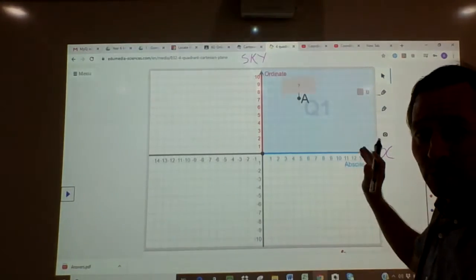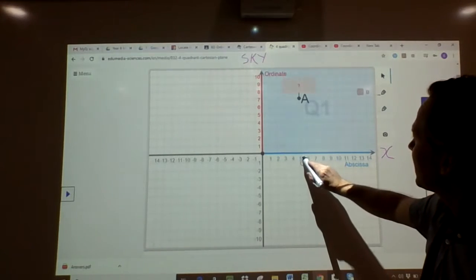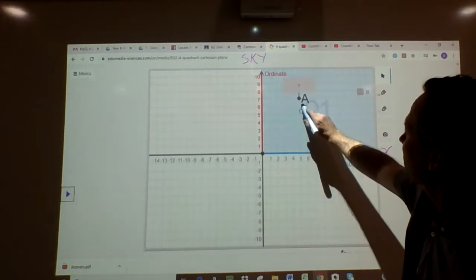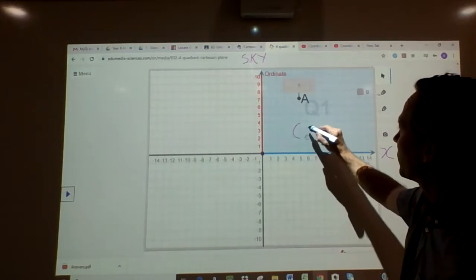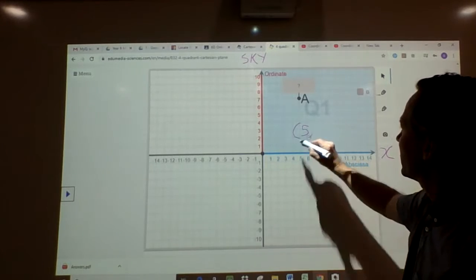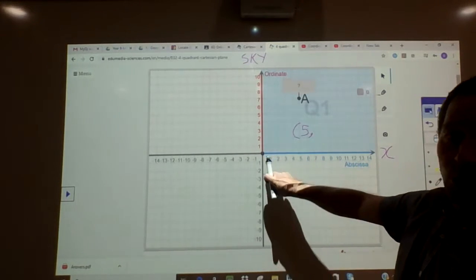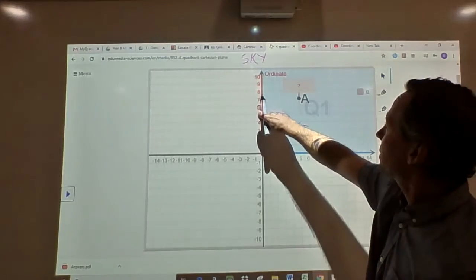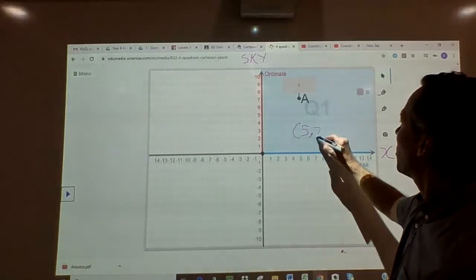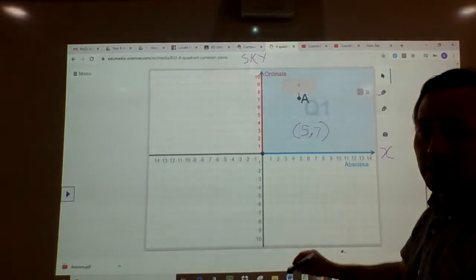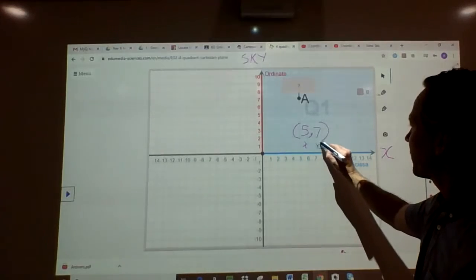X comes before y, so we go along the x-axis here, and I can see that by the looks of this, it's going to come to 5. So I think the first one would be 5, then we'll put a little comma, and then the second one we go up the y-axis, and we line up to about 7, and we come across. That looks about 7, so I'm pretty confident it is 5, so that's the x-axis, and this is the y.